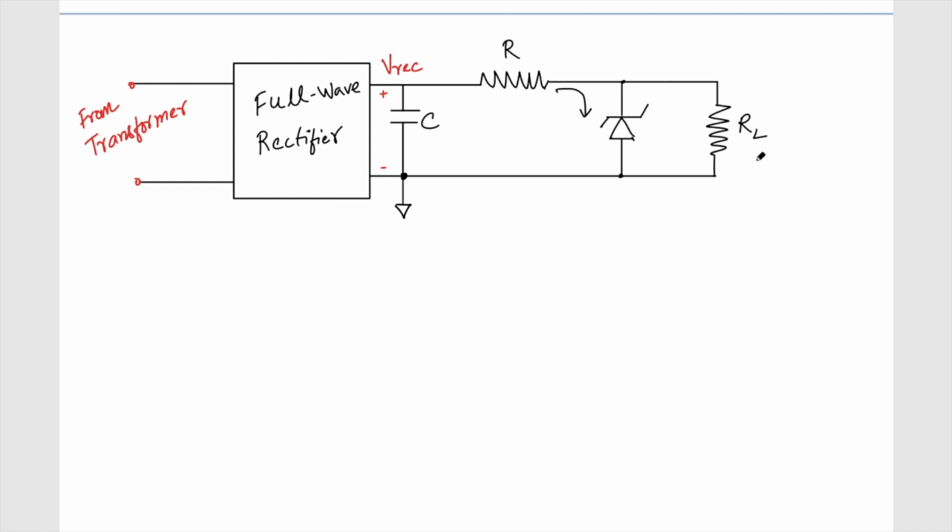So let's give some value to this Zener diode, and then accordingly we'll solve this problem.